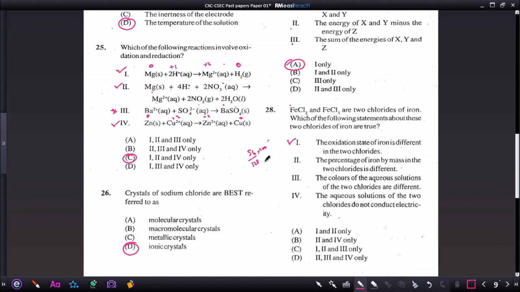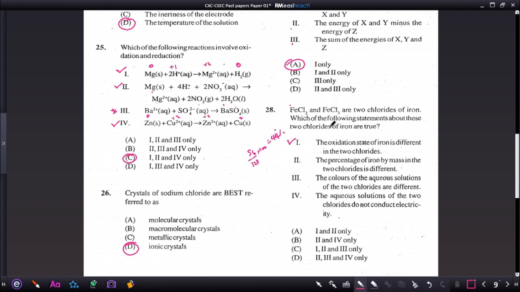So 56 divided by 127 times 100. So that's 44%. So ferrous chloride is 44% in terms of mass of the iron present, right?